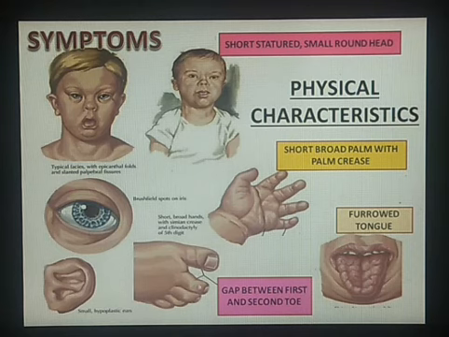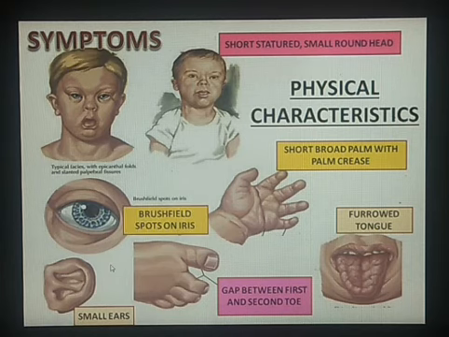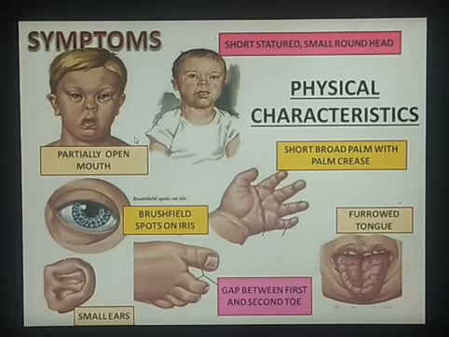Also, they will have small ears, and the iris of the eye will have spots called Brushfield spots. Also, there will be a skin fold of the upper eyelid. They will also have a flat, broad face and a partially opened mouth.